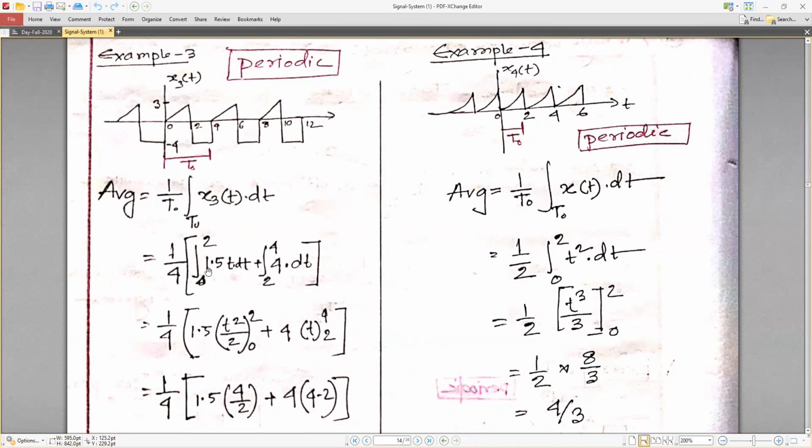So for the 0 to 2, the value is 1 into 5t dt, x3(t), and here is the 4 into 2 to 4, here is the 4 dt.